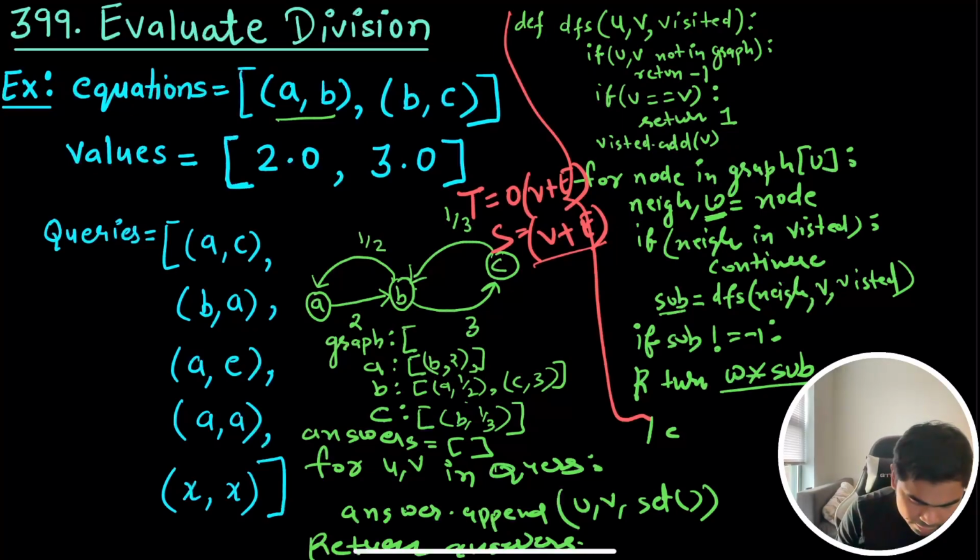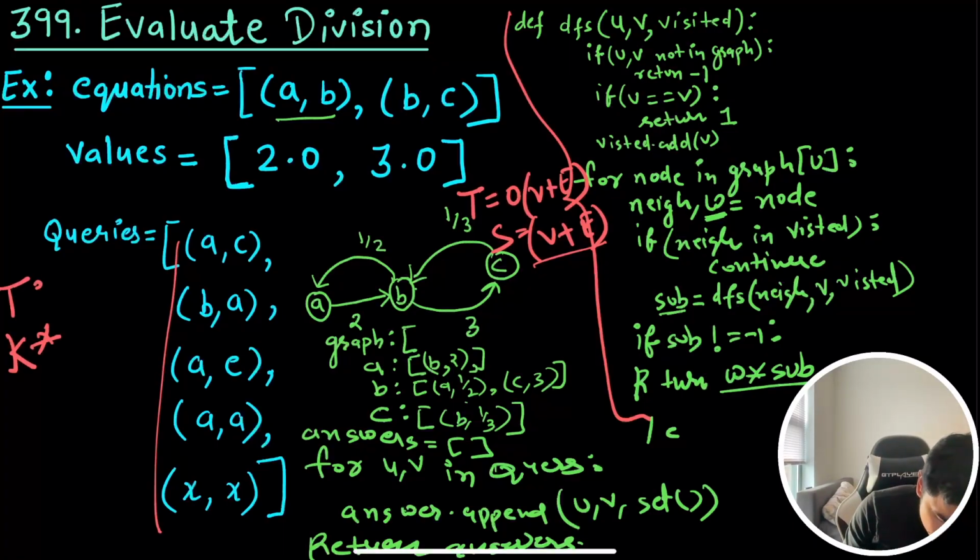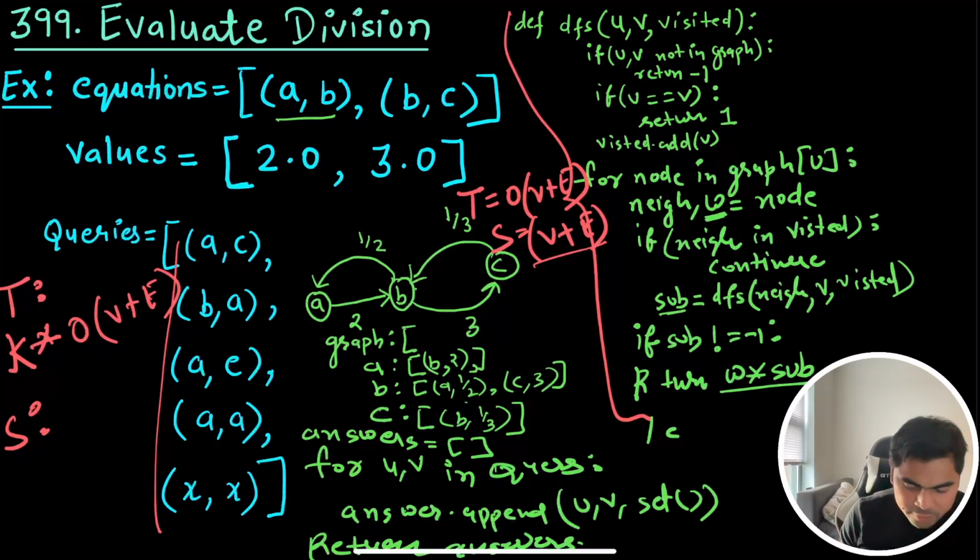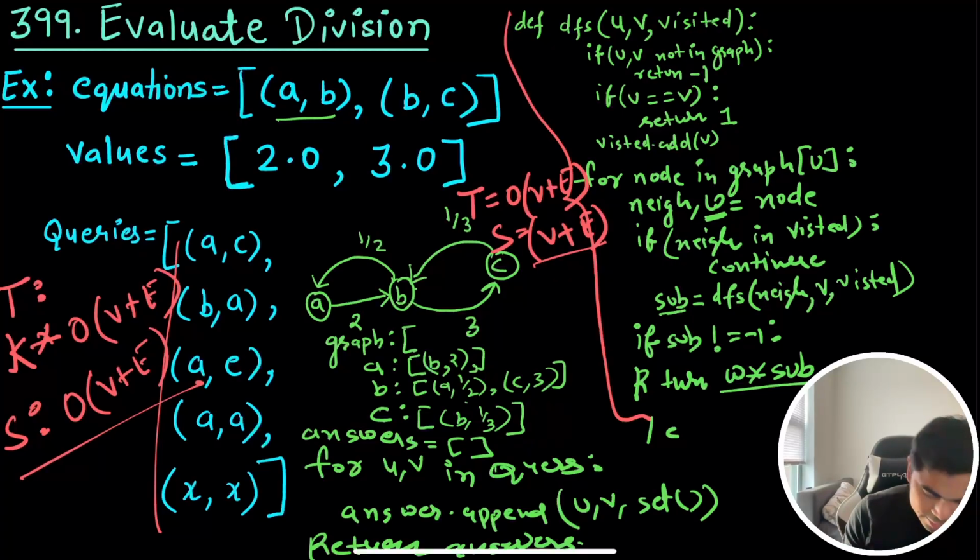Let's say the number of queries is k, so the time complexity would be k times big O of V plus E, vertices plus edges. And for space, we are resetting this visited set, and that's the only space that we are using, so it's only going to be V plus E. So that is it. Let's implement our solution now.